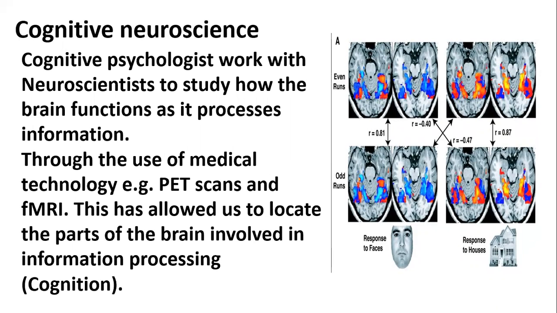Now, it's all about understanding what part of the brain is functioning when doing perhaps a cognitive activity. And this is where the advances in medicine and technology has really helped, and the way that neuroscientists study the brain.